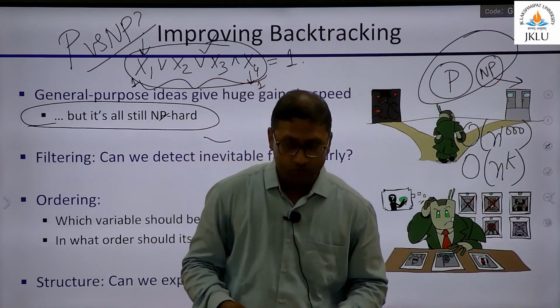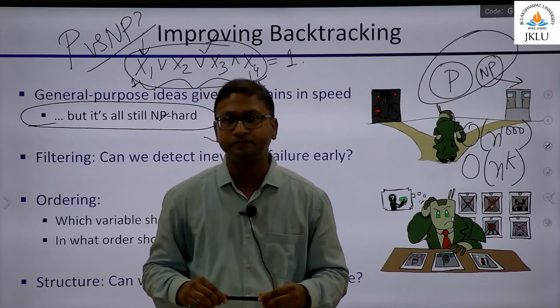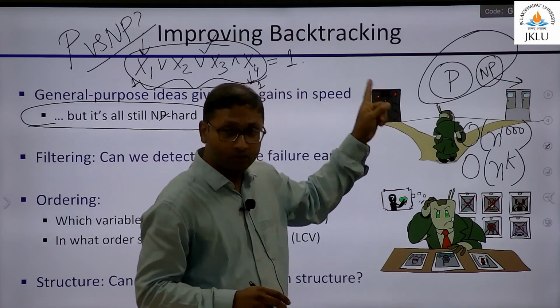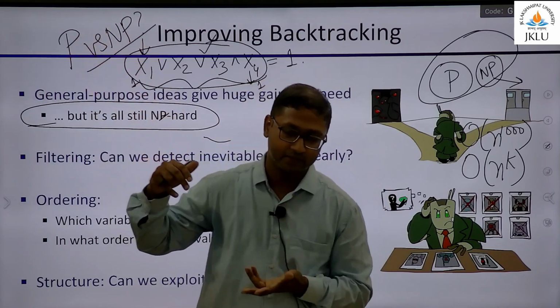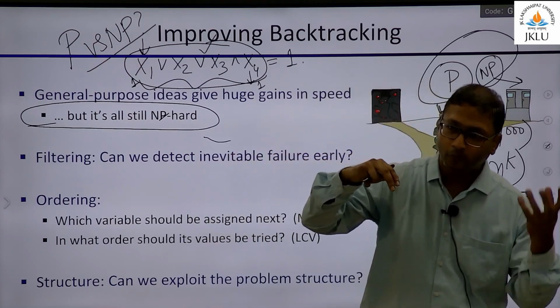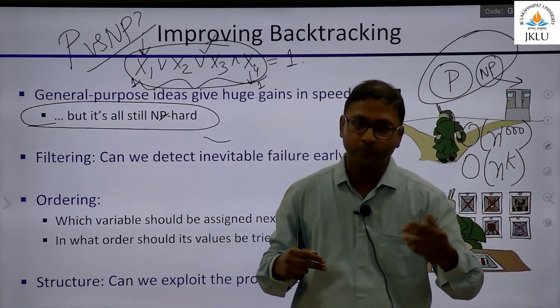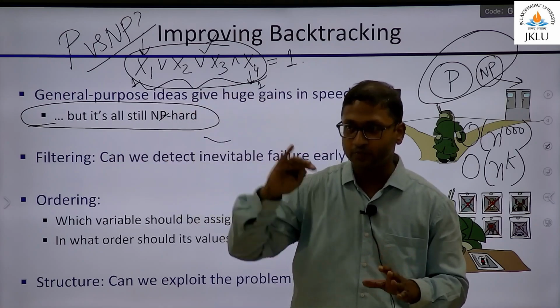So what does NP mean? NP stands for non-deterministic polynomial time. There used to be earlier definitions, which exist today as well, based on polynomial time deterministic Turing machines and non-deterministic Turing machines, but we are not going there.